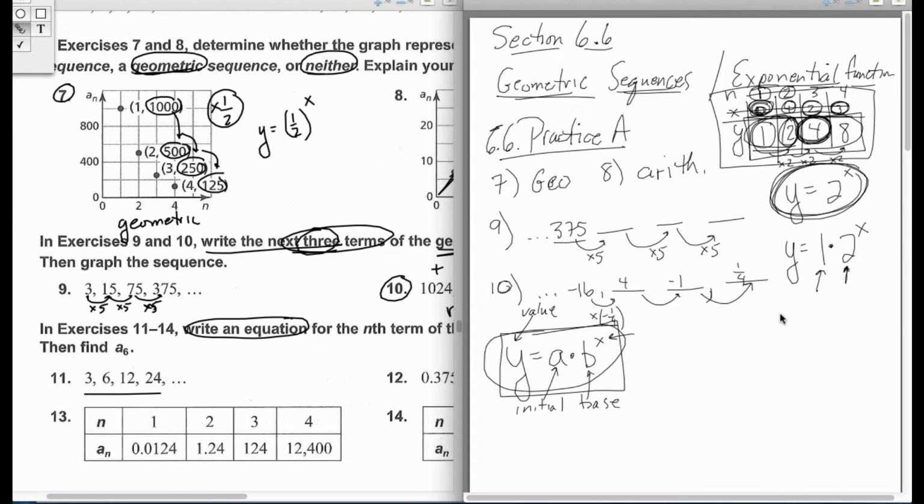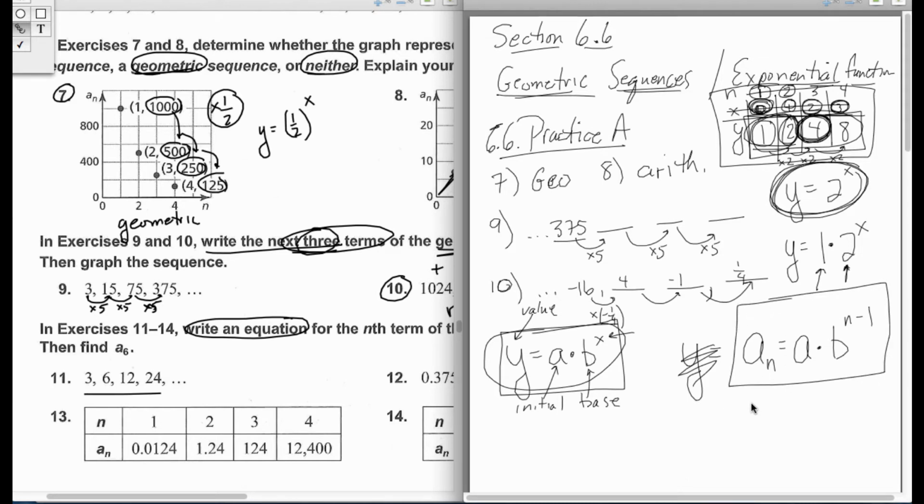Okay? So here's our general formula for these types of equations. It's going to be y equals, or actually I'm not going to use y, I'm going to say a sub n, and that is just any number in the sequence. A sub n equals a times b to the n minus 1. And I will tell you exactly what you need to put in here.